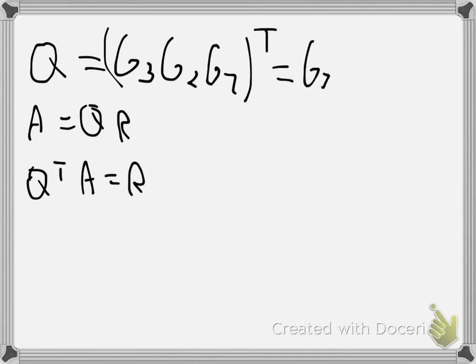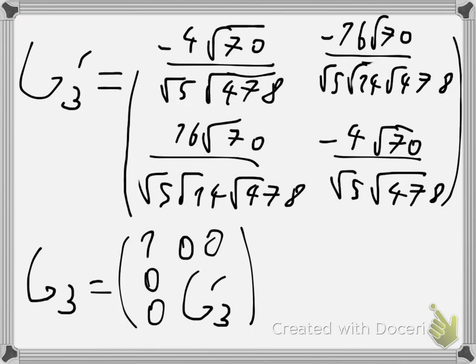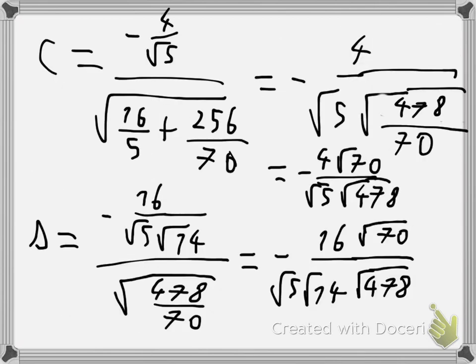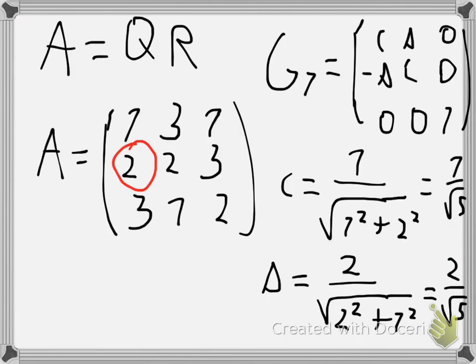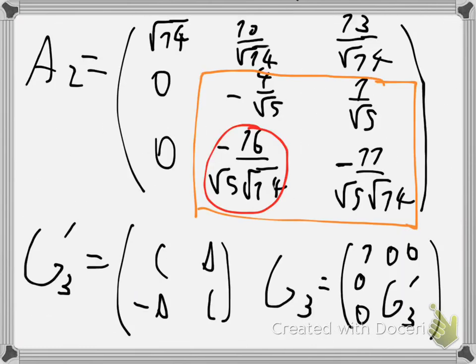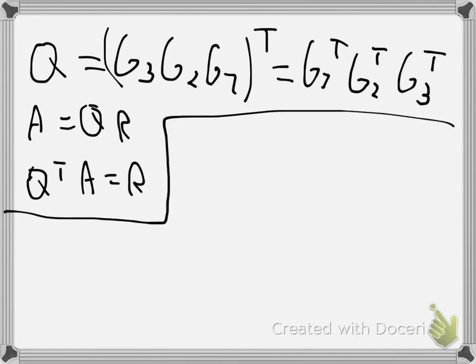So you would get J1 transpose, J2 transpose, J3 transpose. Okay? So you know J3, J2 and J1. And so you could do the computation. But you would need some time. So I won't do it here. But it's how you proceed.